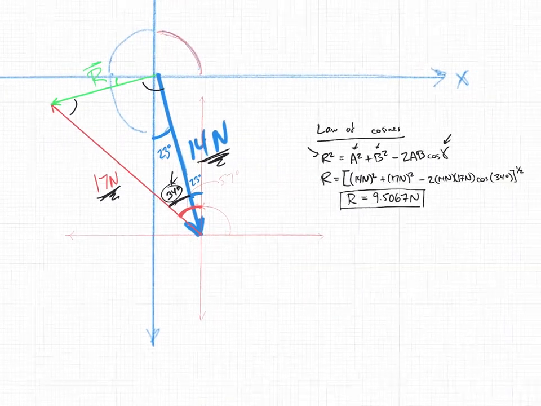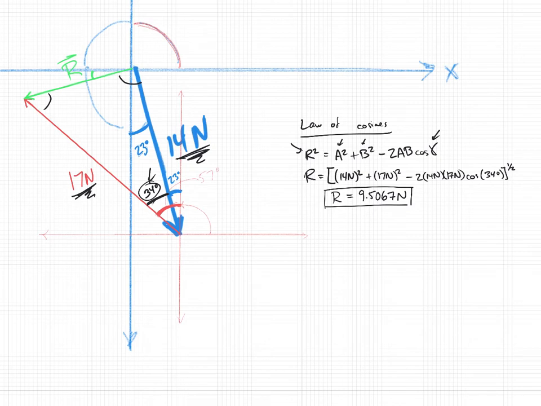All right, so as I mentioned to you guys in class, this is an interesting one because gamma, this angle right here, is going to end up being close to 90. So when we do the law of sines in a second, that's going to get a little bit funky.